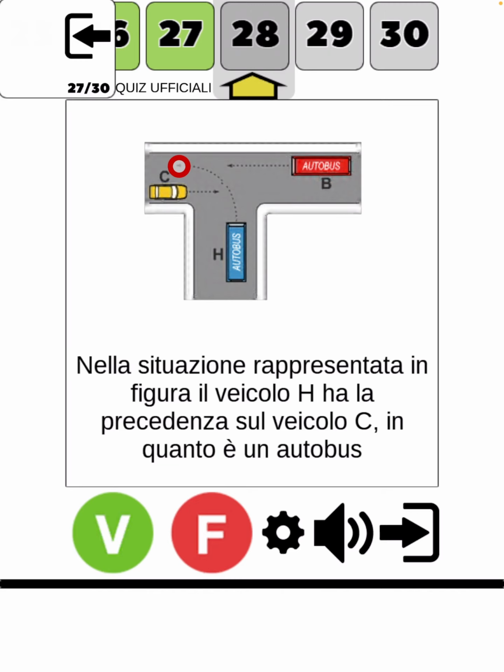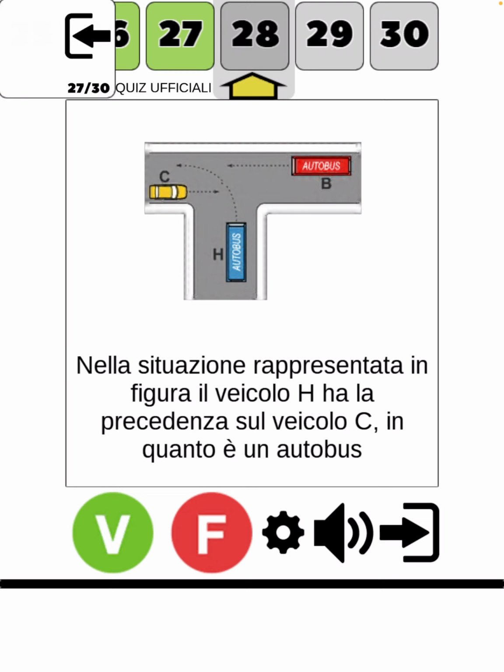In this situation represented in the figure, vehicle H has priority over vehicle C. Yes, it's vero. Look at how it ends: in quanto è un Autobus.